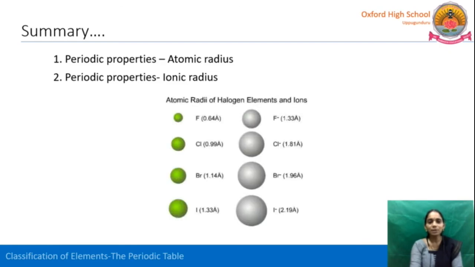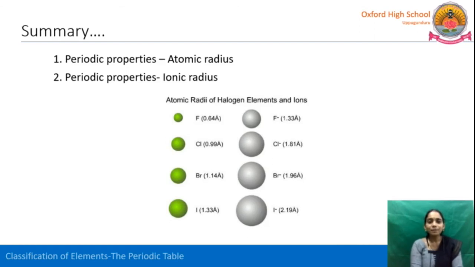Let us see an example here. These are all the halogen elements: fluorine, chlorine, bromine and iodine. The white ones are their anions. Why? Because F minus is fluoride, Cl minus chloride, Br minus bromide and I minus iodide; they accepted electrons and became negatively charged ions.